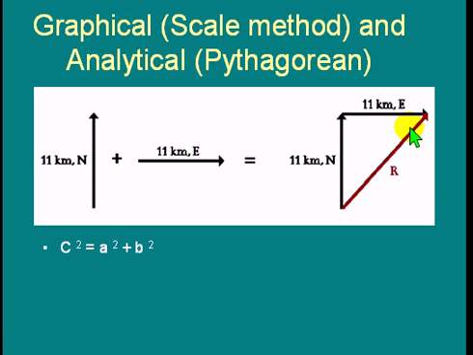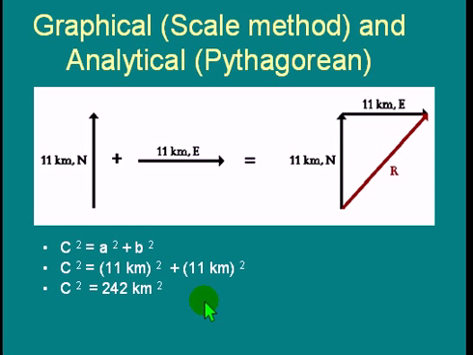With an analytical way of solving a vector, we use the Pythagorean theorem, where a and b are equal to the number values of the two vectors. So we have 11 kilometers for both these vectors. They happen to be the same. We square both of them because Pythagorean theorem is c squared equals a squared plus b squared.